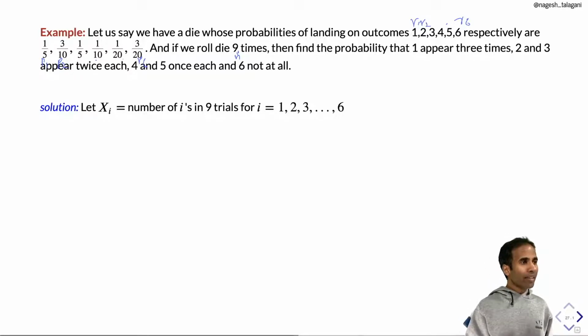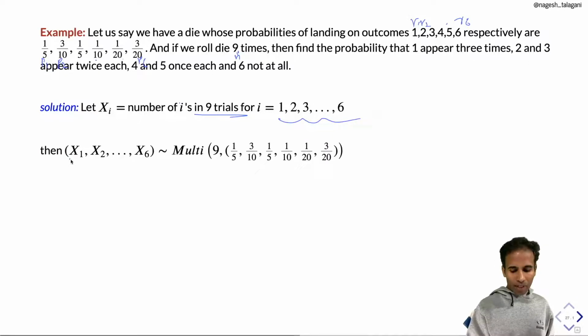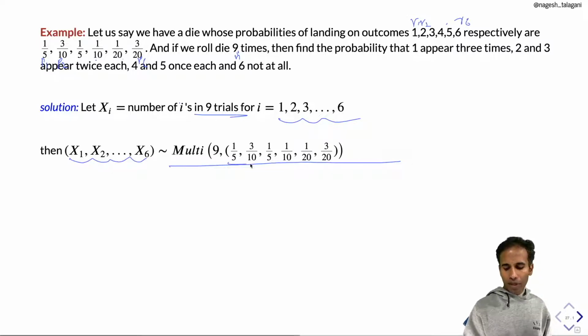Here let Xi denote the number of i's in 9 trials for i equal to 1 to 6. Then this random vector X1, X2, ..., X6 follows multinomial distribution with the parameters 9 and vector of probabilities 1 by 5, 3 by 10, 1 by 5, 1 by 10, 1 by 20 and 3 by 20.